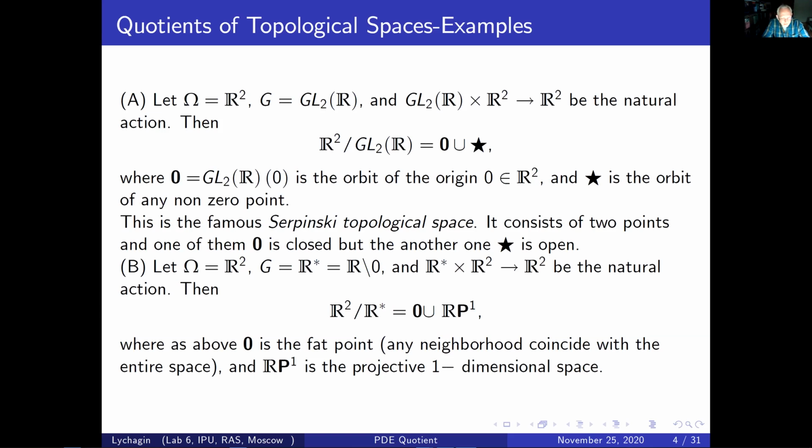And the second example is the same R2, with the action of the multiplicative group of non-zero reals, the natural multiplication, scaling. Once more, when you take the quotient, you will get 2 pieces. One piece is the same, the orbit of the 0 point.